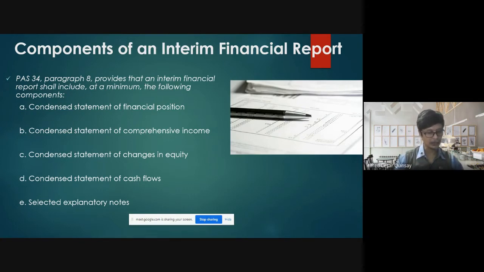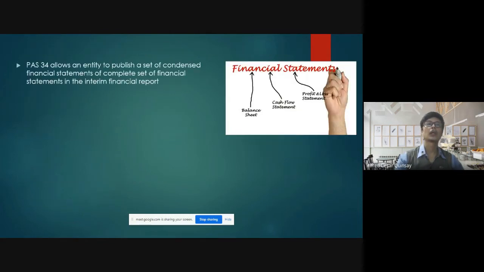Now let's talk about the disclosure. PAS 34 allows an entity to publish a set of condensed financial statements or a complete set of financial statements in the interim report.